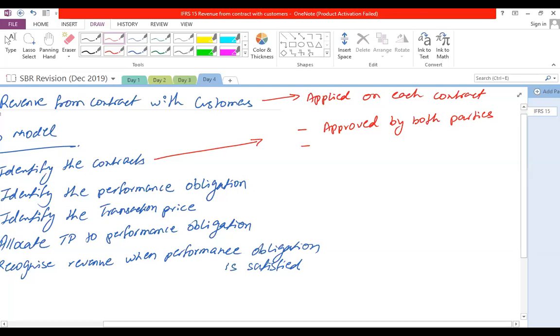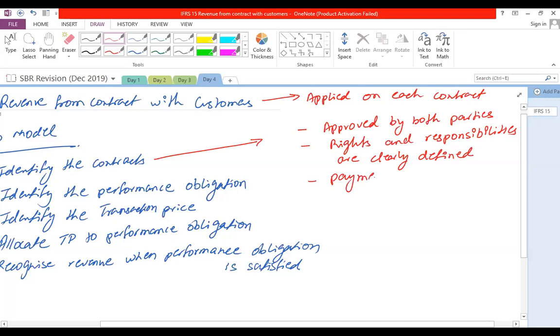The second criteria is that the rights and responsibilities are clearly defined. What is my obligation, what is the customer's obligation, these should be clearly defined.